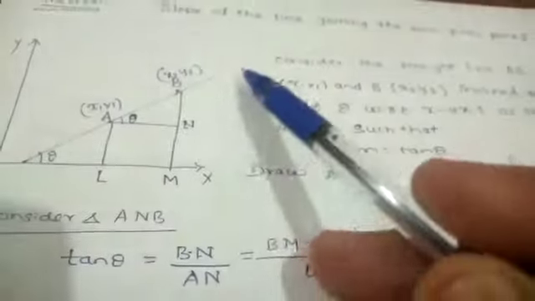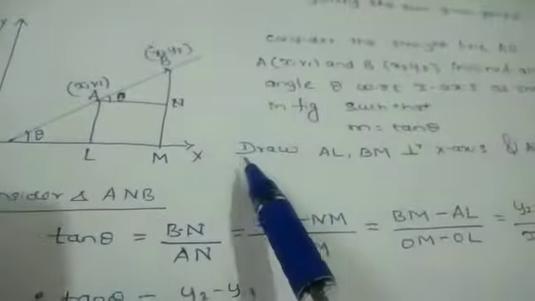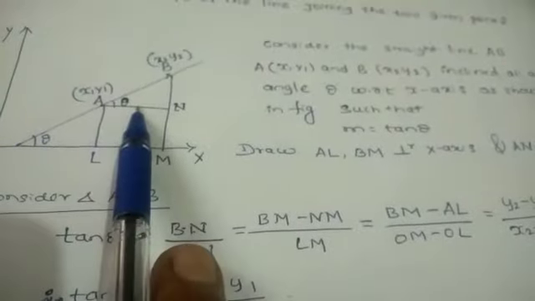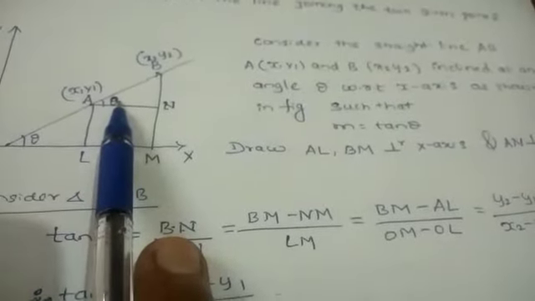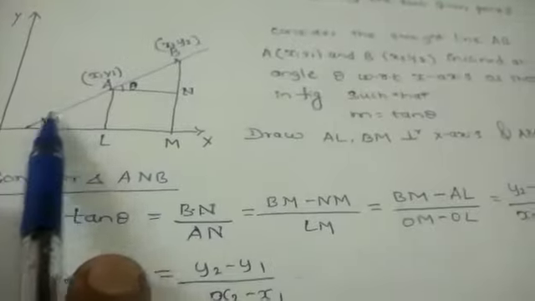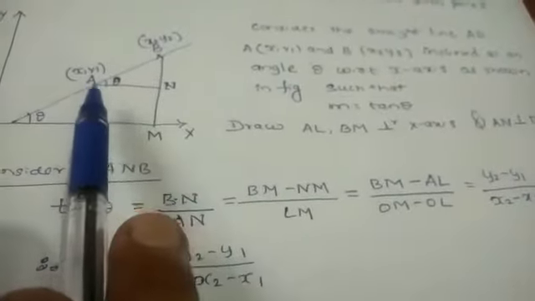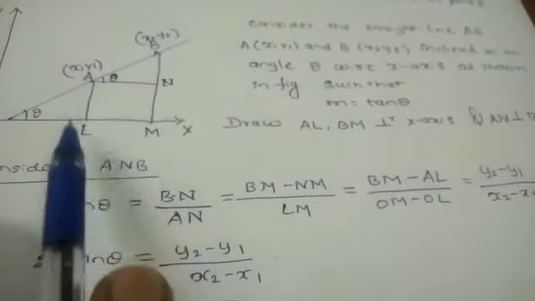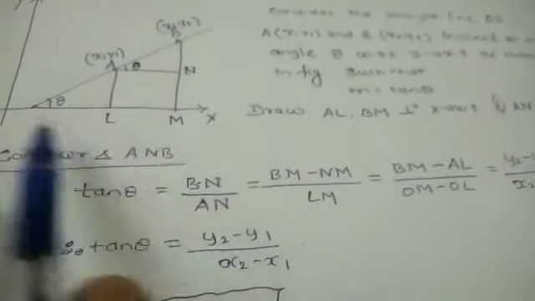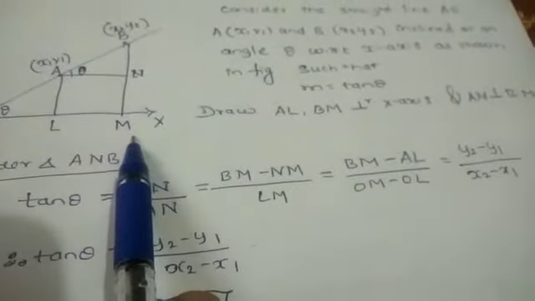Consider the straight line AB with respect to the x-axis. Theta is the angle inclined by this straight line with respect to the x-axis. Here we have to draw the perpendiculars AL and BM to the x-axis and AN perpendicular to BM.